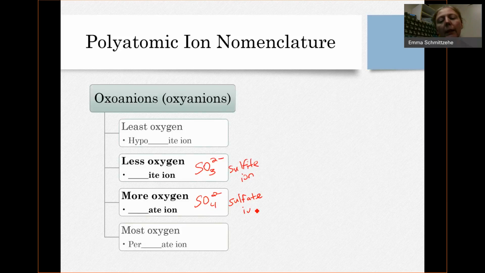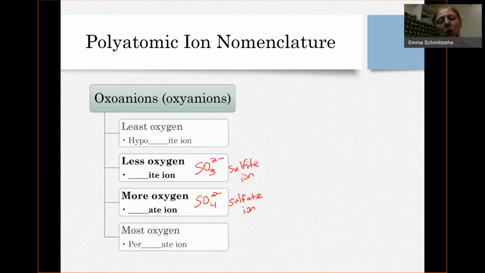Now, knowing which elements can combine with two possible oxygens or four possible oxygens can be tricky at first. But where knowing the systematic can be helpful is if you knew one of these, you should be able to figure out the other. So if you knew that SO4 2 minus was sulfate ion, you should say, well, I know if I have the ATE ending and take away one oxygen, then it forms the ITE ending.